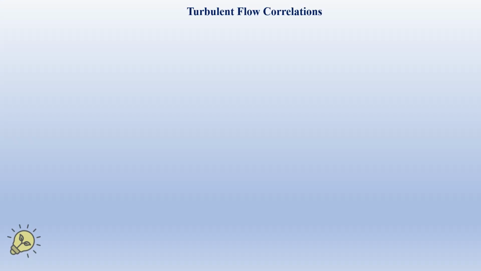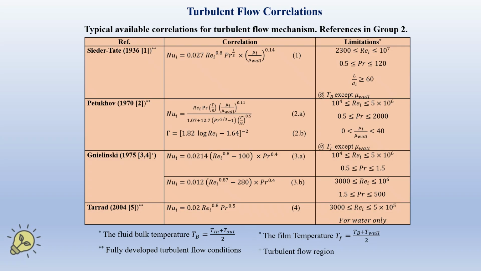Turbulent flow correlations. In fact, there are a good number of correlations available in the open literature, but I have selected in this table 5 of them, started from Cedar Tat in 1936 until we arrived to Tarrad in 2004.